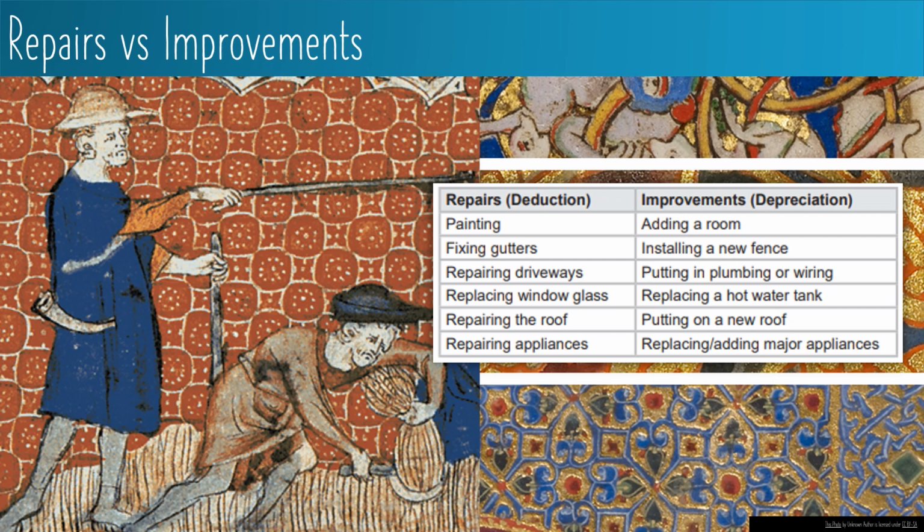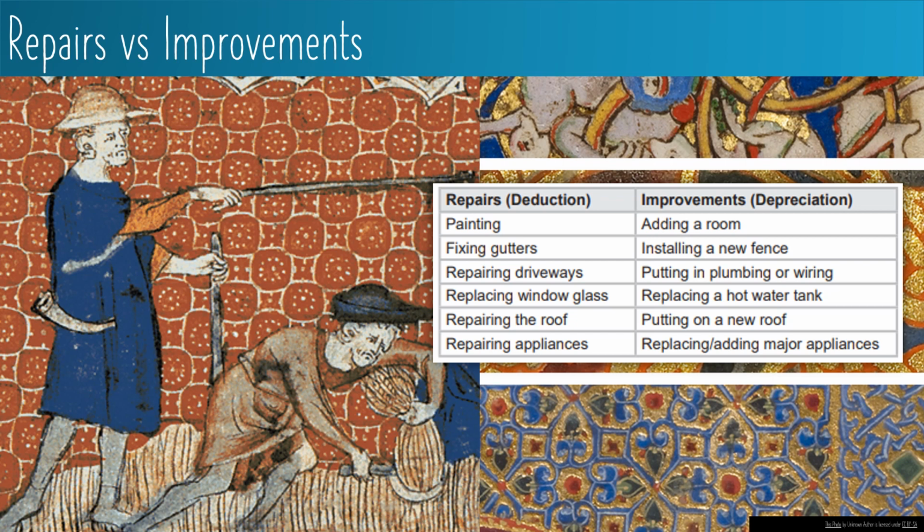Repairs are things that are part of the regular upkeep of the underlying asset or property, in this case, a rental. So things like painting, fixing gutters, repairing driveways, replacing window glass, repairing the roof, or repairing appliances.